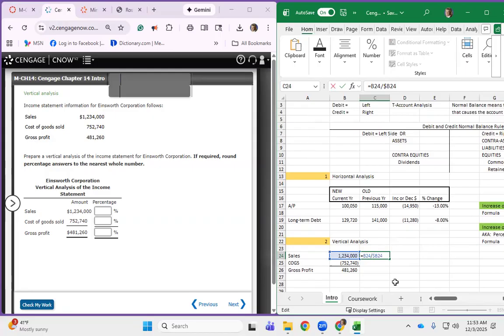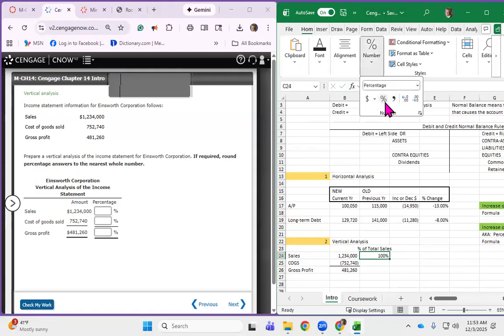Okay, so I'm going to put a percentage here. So this is going to be a percentage, and I'm going to put what it is. It's the percentage of total sales. Okay, percentage of total sales, and I've got to turn it into a percentage.